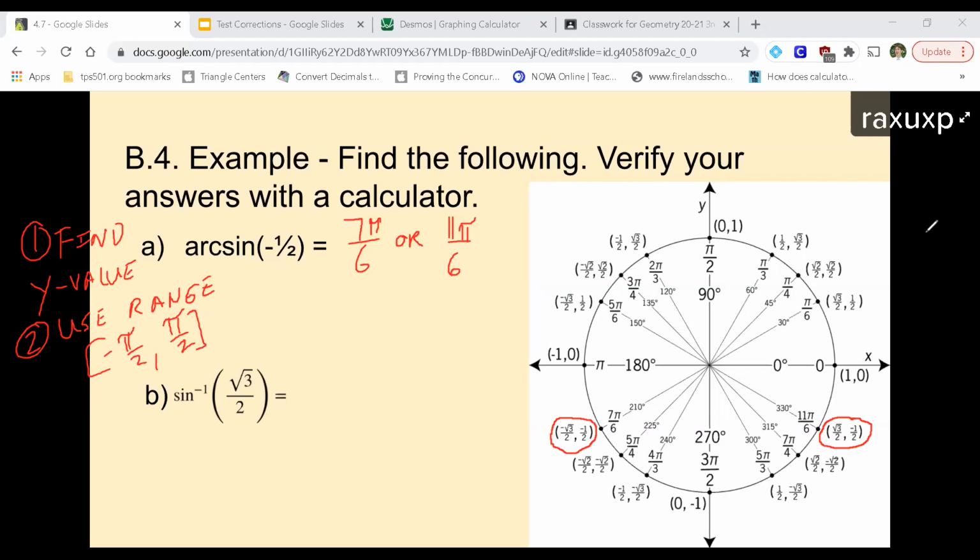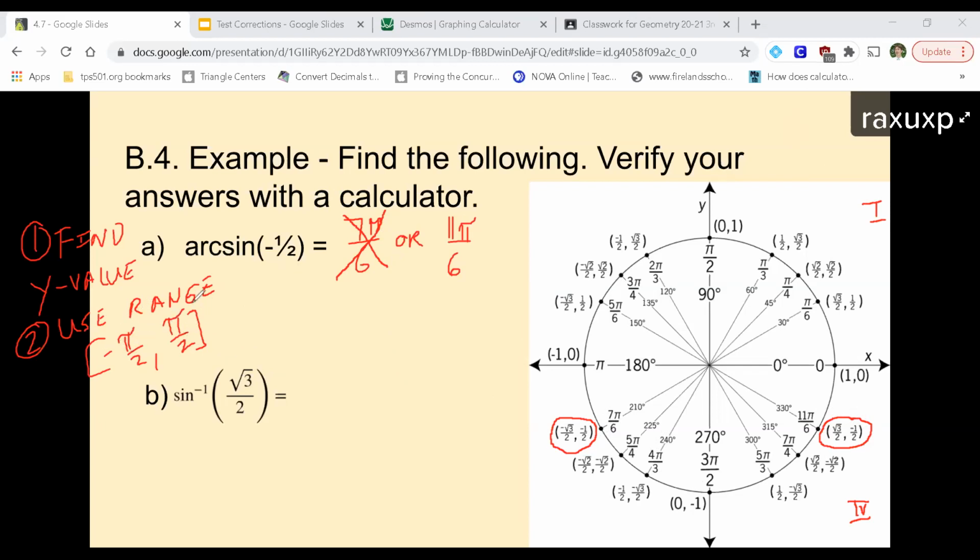And again, those are the angles in quadrant 1 and 4. So 7 pi over 6 cannot be the answer because it's not in quadrant 1 or 4. It is not in our range. 11 pi over 6 is in quadrant 4, but it's not in the range.